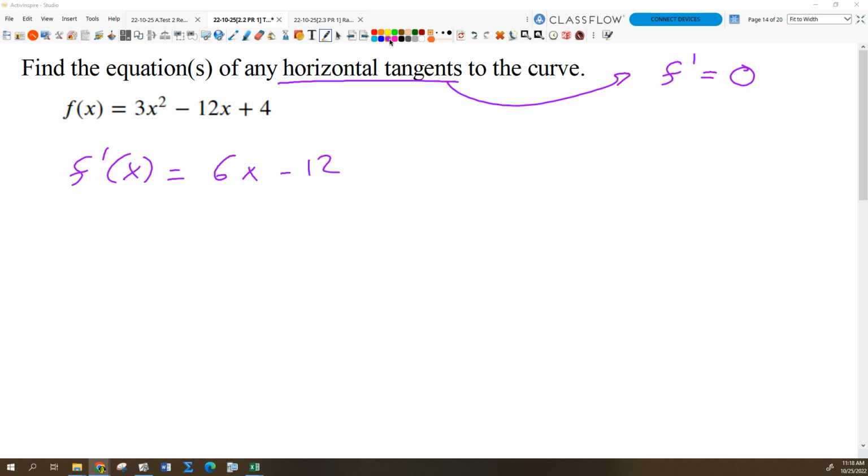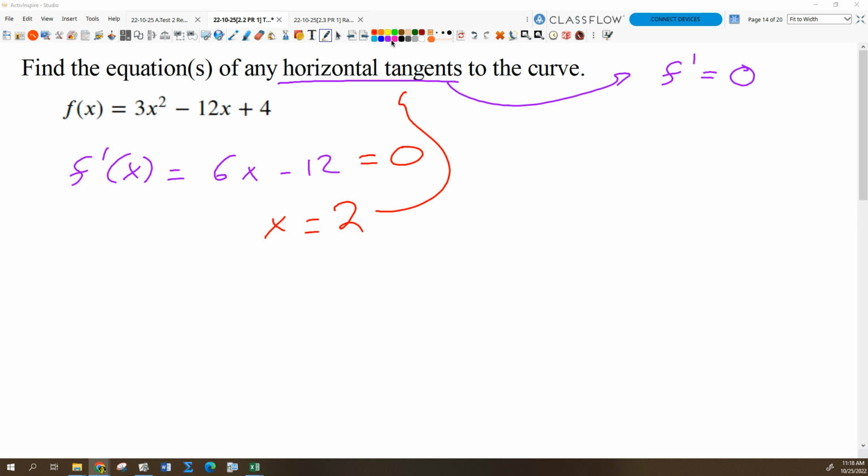Minus 12, good. And we're going to set that equal to 0 and solve. So what do I get then? x equals 2, doesn't it? Yep. So x equals 2. So those are the places where we have horizontal tangents.